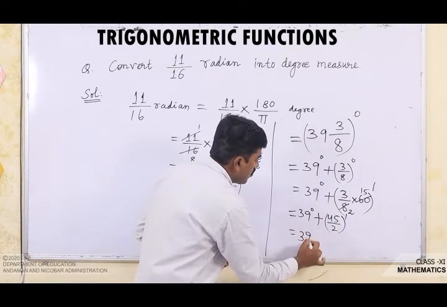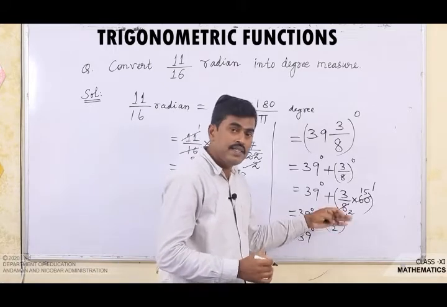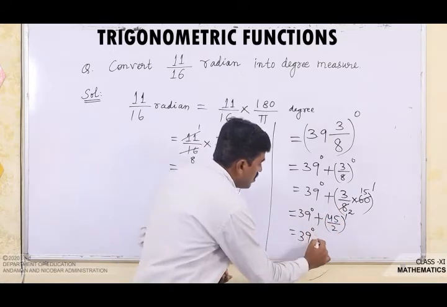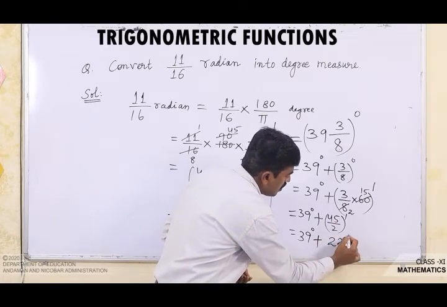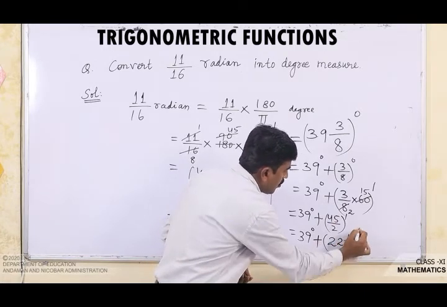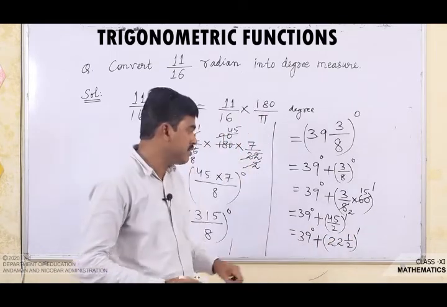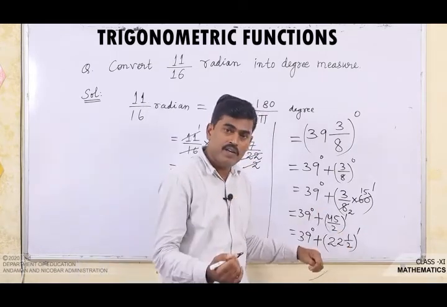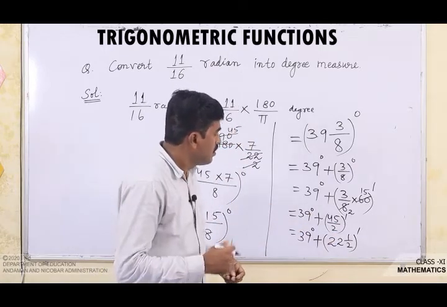Now again we have to divide this 45 by 2 and write it as a mixed fraction, okay. So 45 by 2 can be written as 22 and a half, okay, minute. Now again here 1 by 2 minute is less than 1 minute. So if it is less than 1 minute, then we will convert it into seconds.